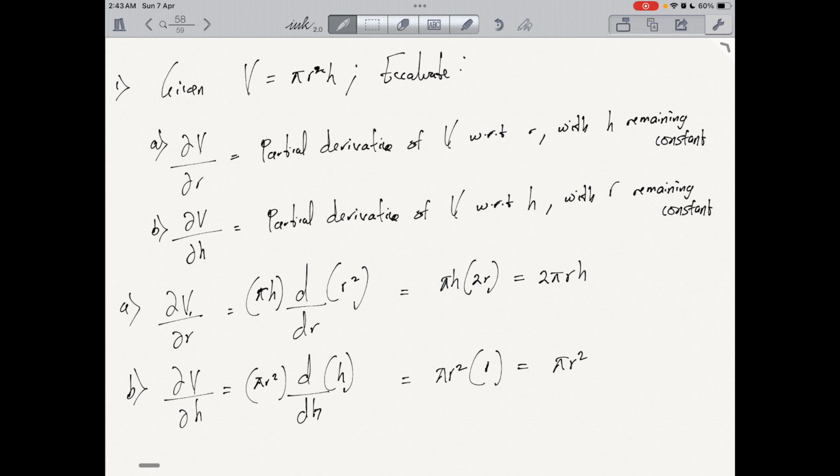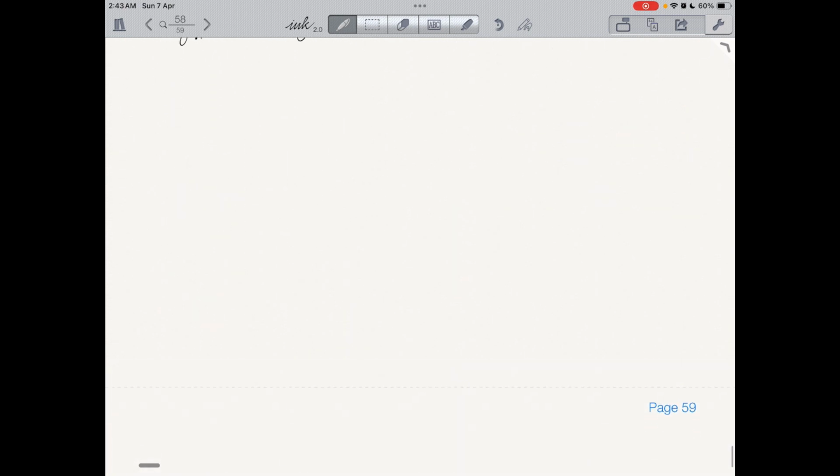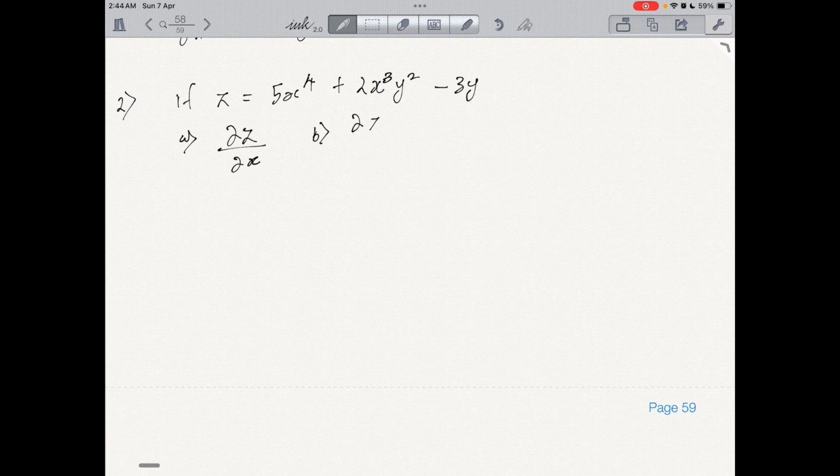Let's take a look at another example. If z is equal to 5x raised to power 4 plus 2x cubed y squared minus 3y, we are asked to evaluate the partial derivative of z with respect to x and the partial derivative of z with respect to y.